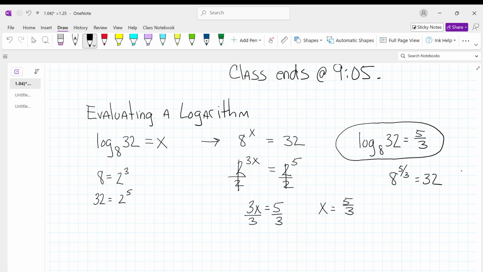For electronic assignment purposes, the answer to this problem that we just did would be this right here. Log 8 of 32 equals 5/3. So if that was question number 1 and I said the answer to number 1 on page 454 is, your answer would be 5/3. Everybody okay with that?